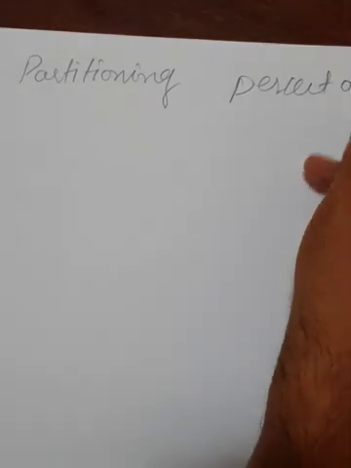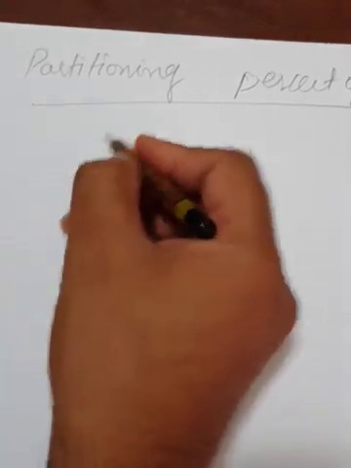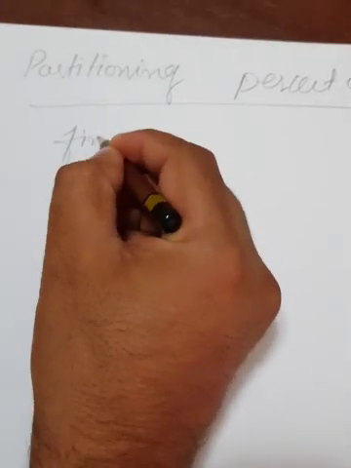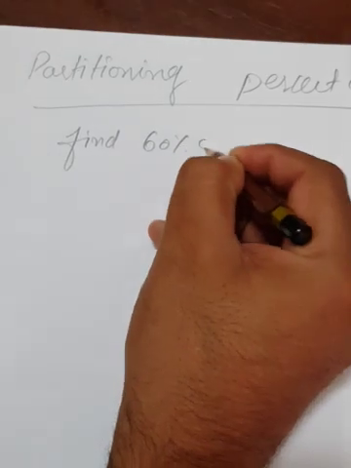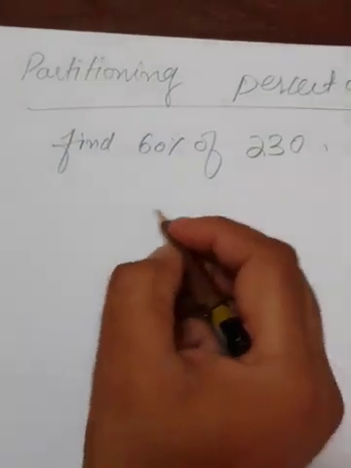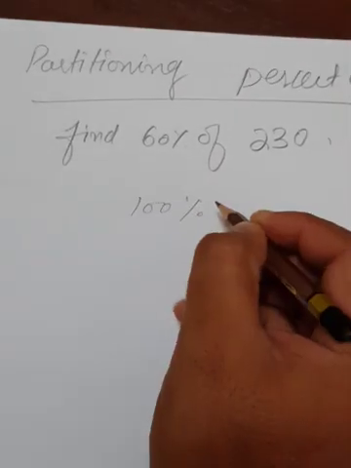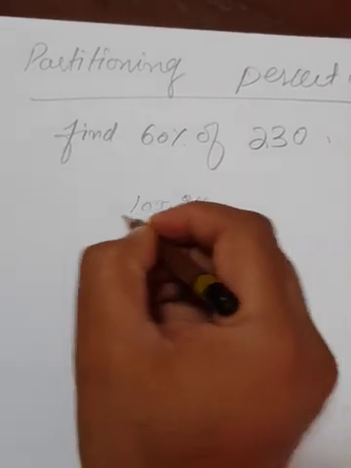I love writing with pencils. Now, in partitioning percentages, for example, it says find 60% of 230. I will write this thing first for every question I'm going to do.